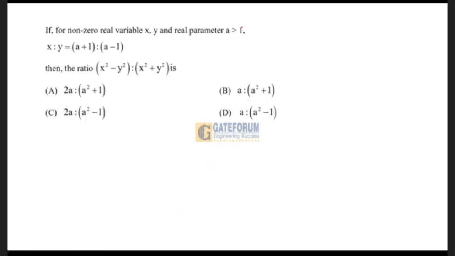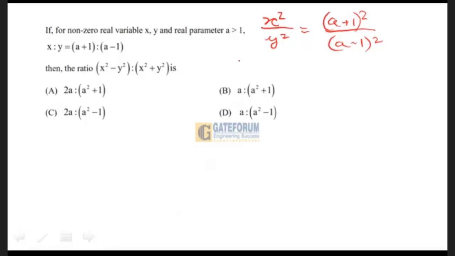Because x is to y is a plus 1 is to a minus 1, we can say x square by y square is equal to a plus 1 whole square by a minus 1 whole square.